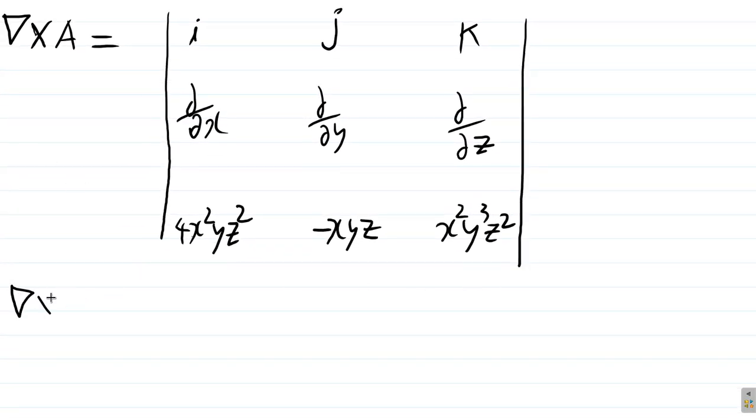So the curl is going to be i times the determinant.